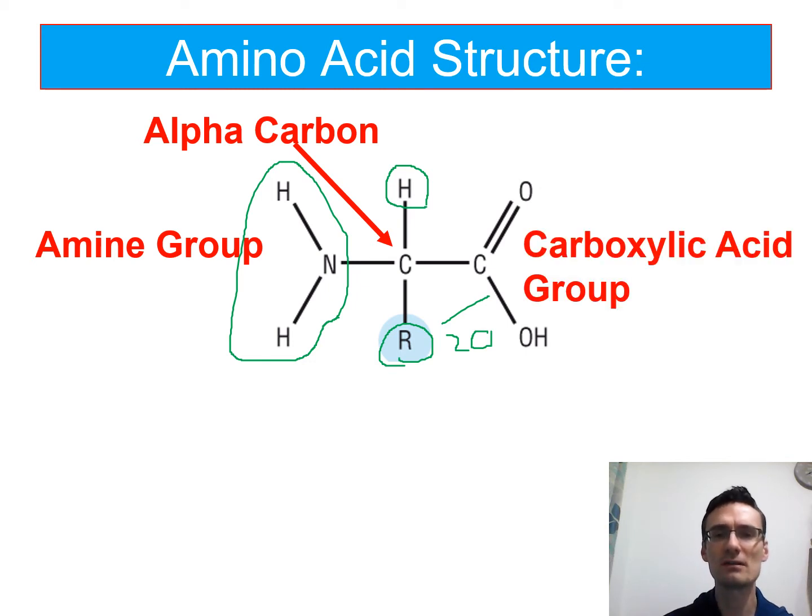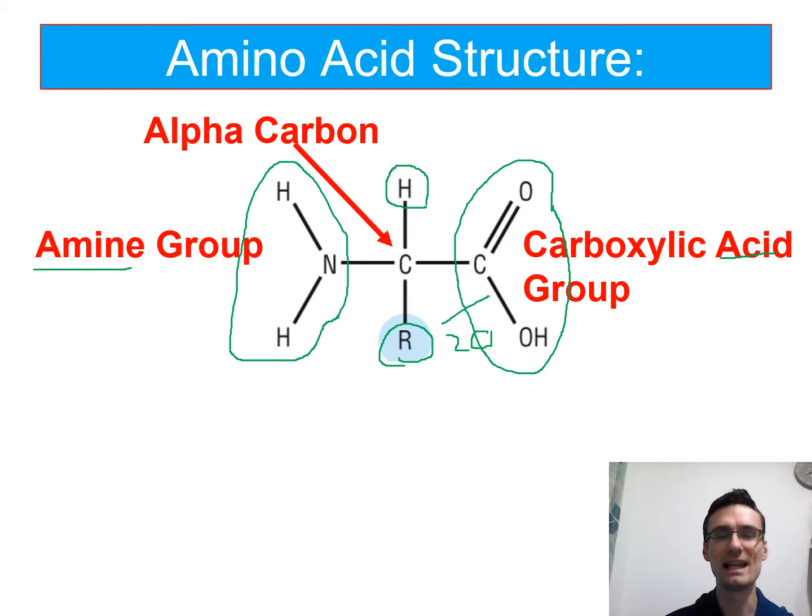And then on the other side, we've got the C double bond O, and then the OH, and that gives us what I call the carboxylic acid group. So you've got an amine group and an acid group, amino acid, okay, and that therefore gives you a total structure which you need to memorize for the exam.